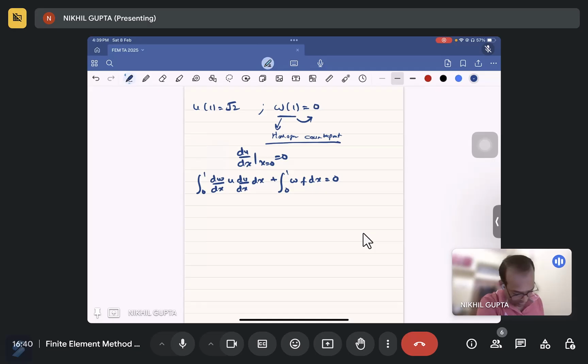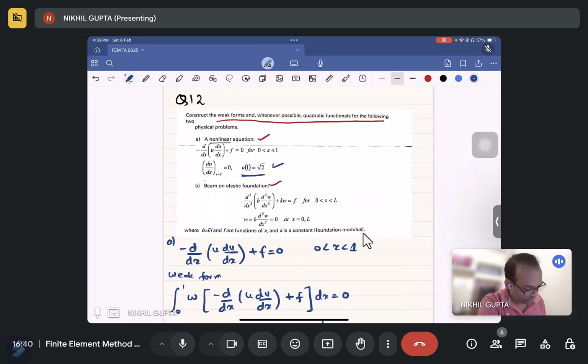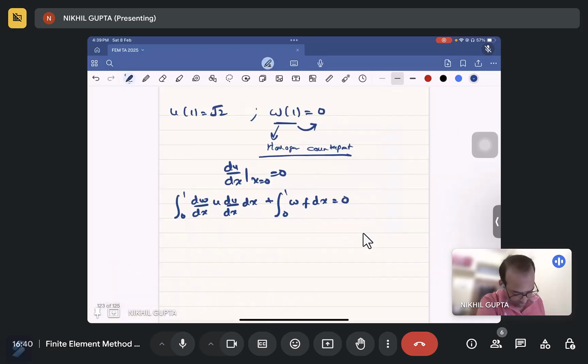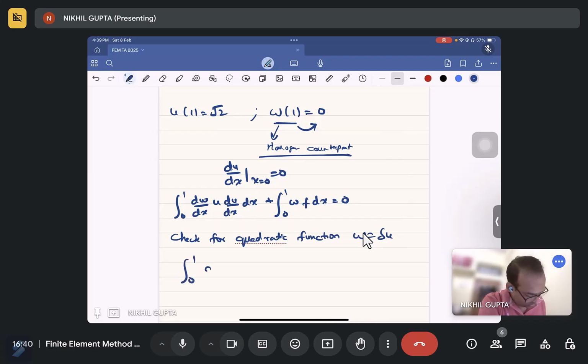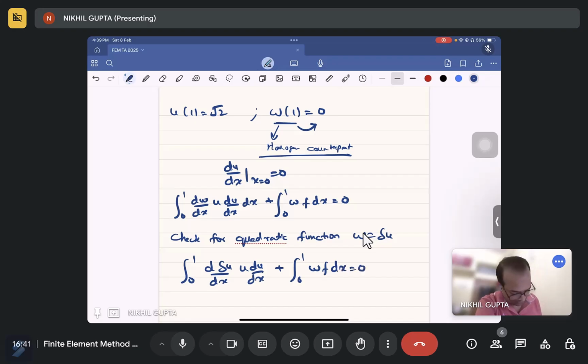This is the one they are asking for in the question. Now we have to check whether we can get the quadratic function as well. For that, w should be equal to delta u. Now, from 0 to 1, d delta u by dx times u du by dx plus the integral from 0 to 1 of w f dx is equal to 0. This is the equation.